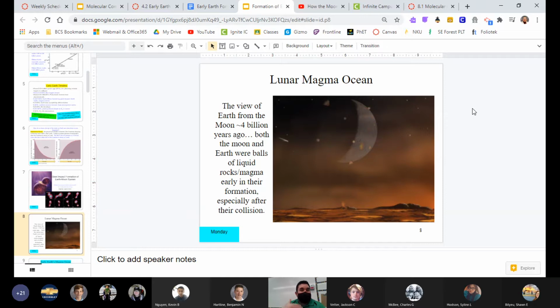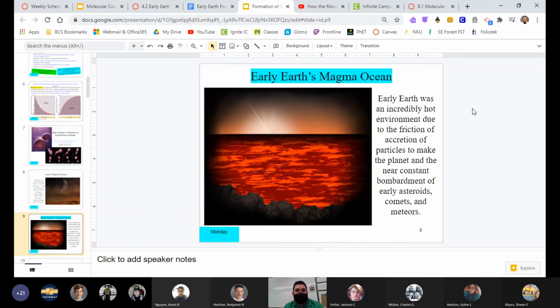And then from there, Earth will eventually start to cool down. Early Earth was incredibly hot, mainly due to the friction of accretion, all that gravity bringing matter together, especially the bigger pieces, and that creates a very high temperature planet.